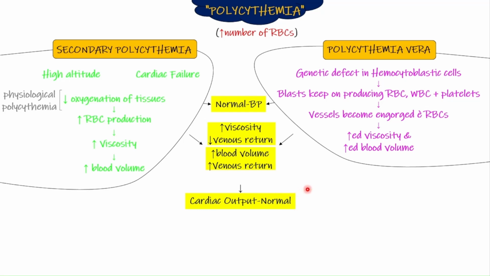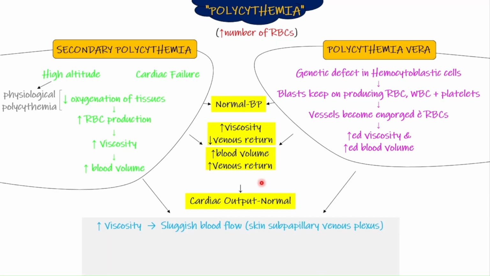Now, a very interesting point with reference to polycythemia. If I say a person is having polycythemia, but along with the polycythemia this person is having bluish or purplish discoloration of the skin, then you will think, why is this happening? The skin should turn only red.